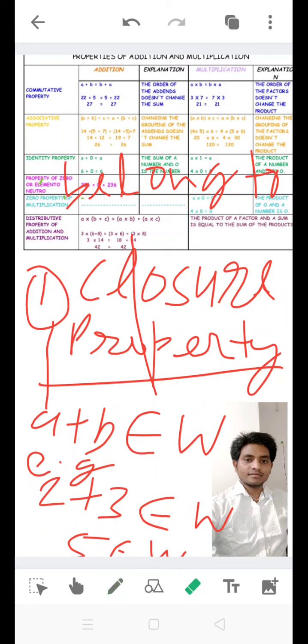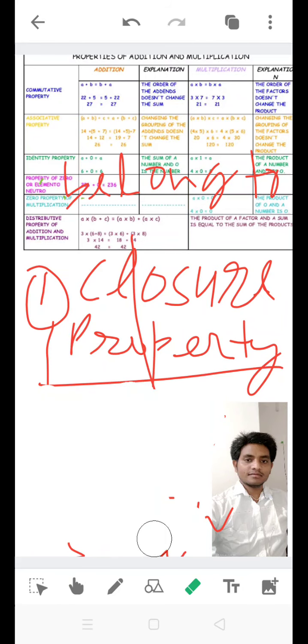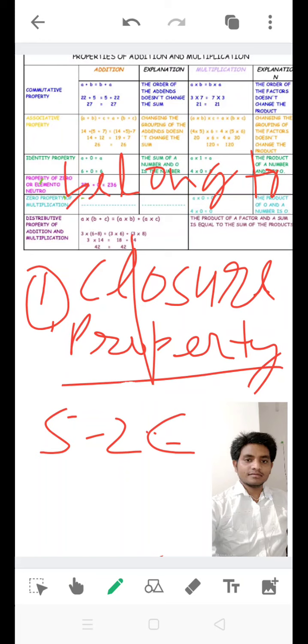Look here: 5 minus 2. What is 5 minus 2? It is 3, and 3 is also a whole number, part of the whole numbers.